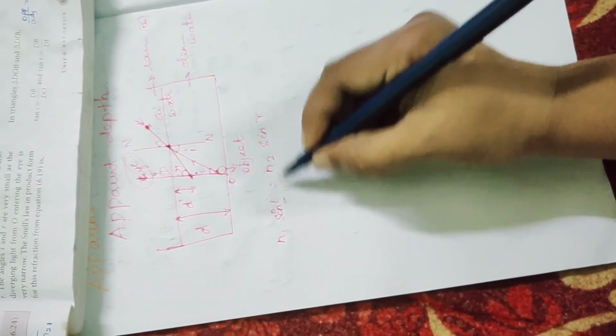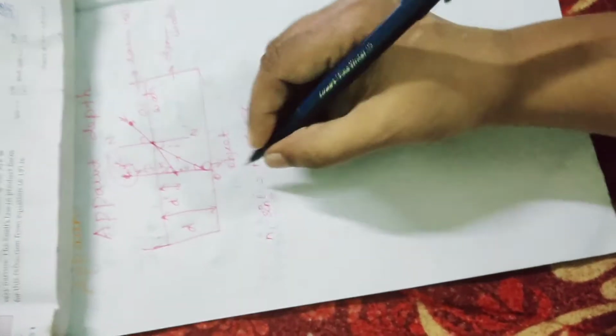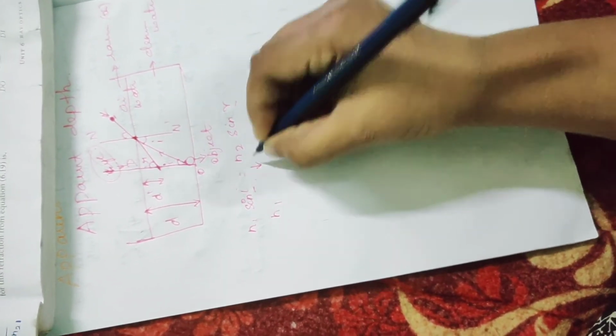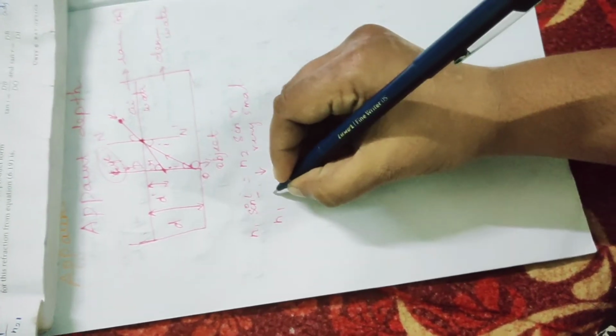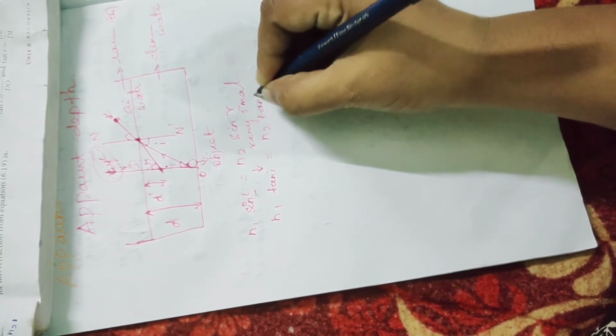In this case, the incident and refracted angles are very small. So this I and r are very, very small angles, so I can take sin as tan. I can change this equation into n1 tan i is equal to n2 tan r.